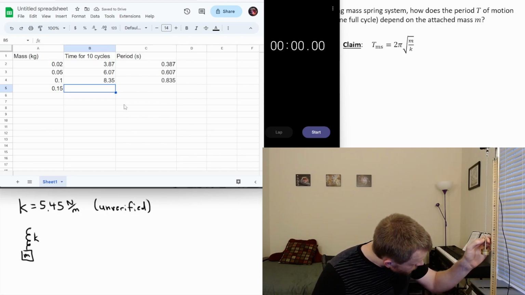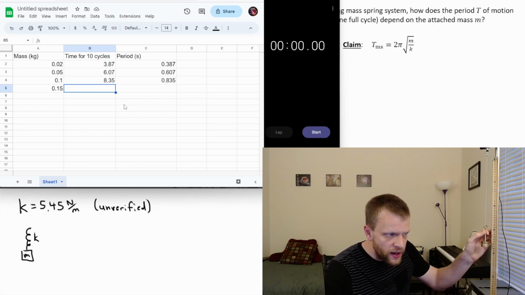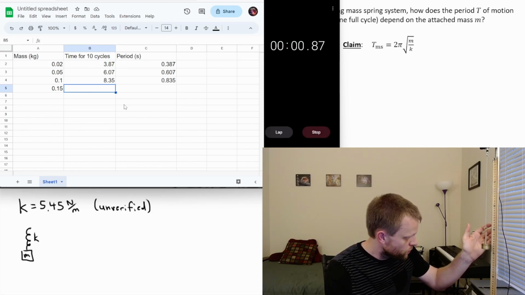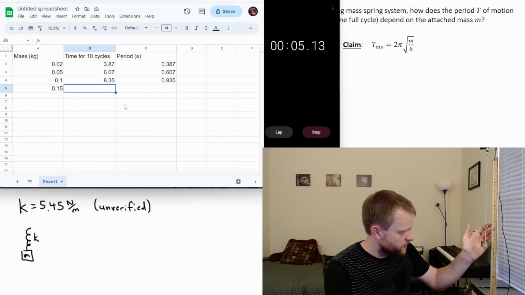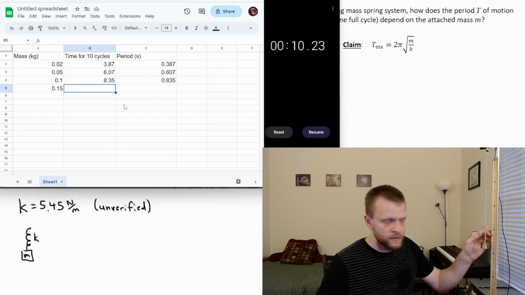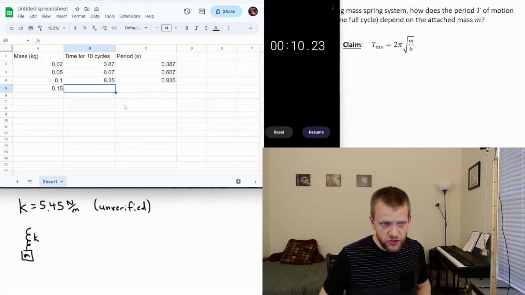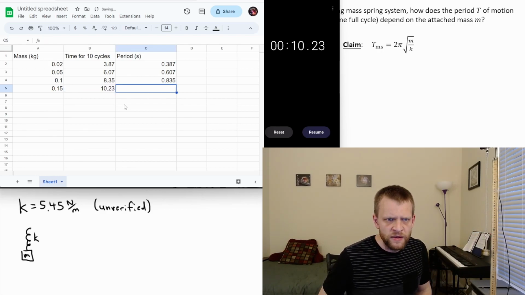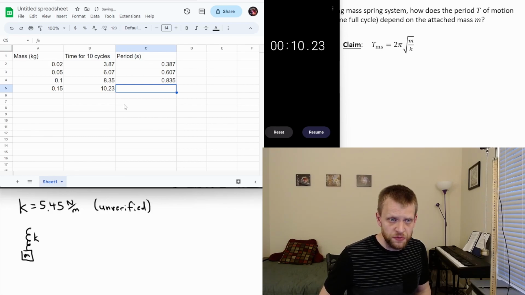So move this up 1 centimeter, and here we go in 3, 2, 1, start. 1, 2, 3, 4, 5, 6, 7, 8, 9, stop. Okay, so that's 10.23. So the period for one cycle would just be 1.023.